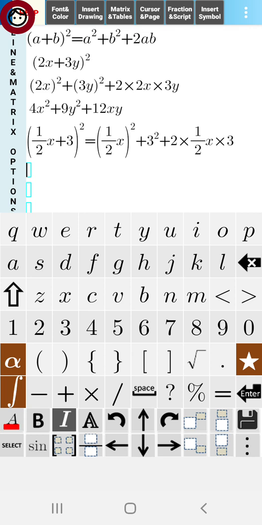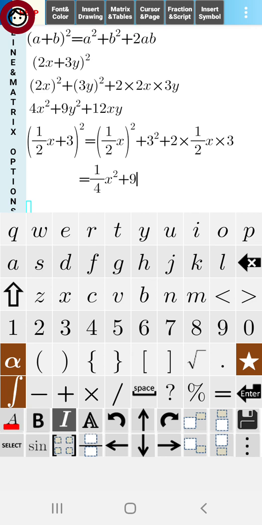Now we will write their values. (1/(2x))² will become 1 upon square of 2 is 4, it will become 1/(4x²), plus 3² will become 9.